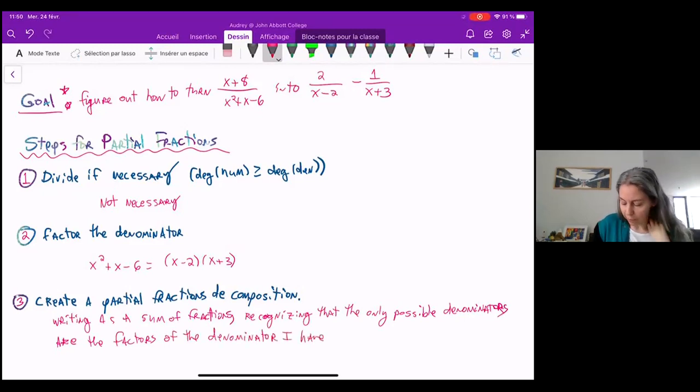We're actually going to separate this into cases in just a minute, so we'll say see cases below.